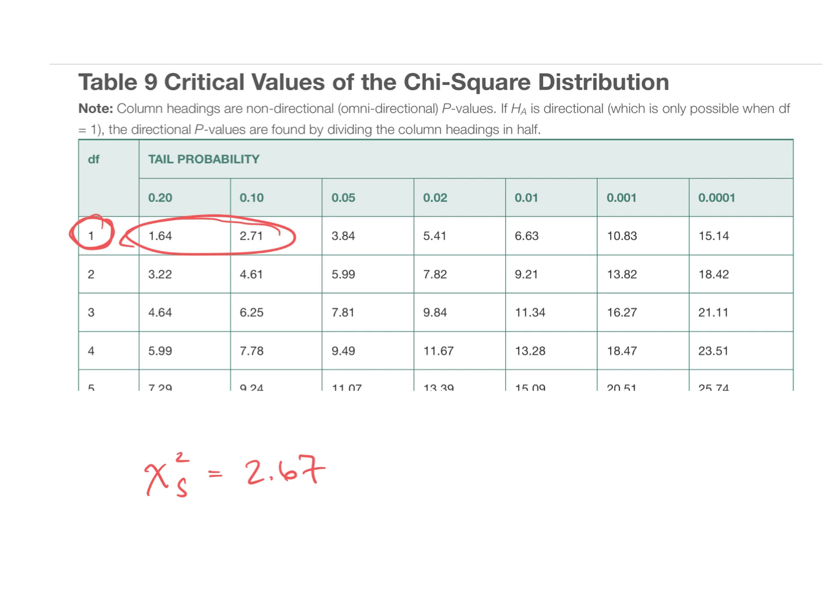So that means that the corresponding probability is going to be somewhere between 0.1 and 0.2. For chi-squared goodness of fit tests, we are generally doing non-directional alternatives, and that's what this table gives. So we can say that this is the p-value that we see at the heading of the table. It's between 0.1 and 0.2.